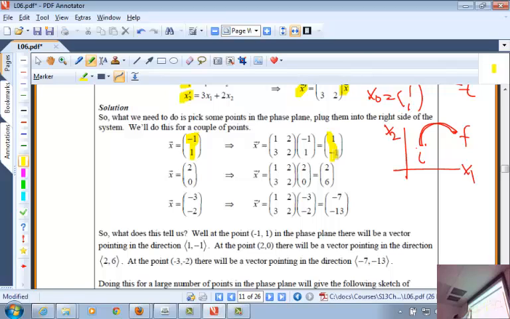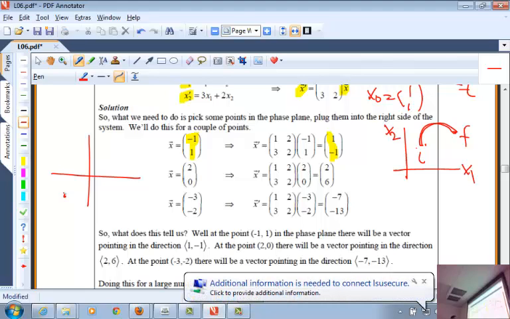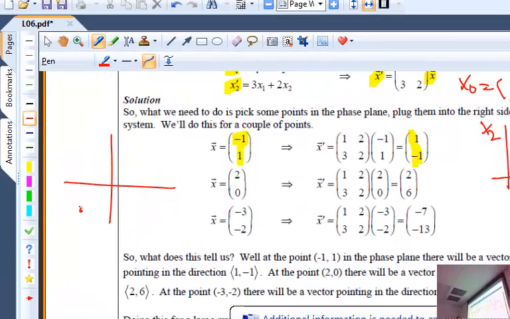In this particular case, I have picked x1 is equal to -1 and x2 equal to 1, a point here. And at that point, I calculate the derivative by simply plugging into the equation. So the derivative is 1 minus 1. What does that mean? Which direction is the derivative pointing to? It's pointing in the positive x1 direction and the negative. So it's pointing somewhere here. Okay, so I'm going to put that arrow.